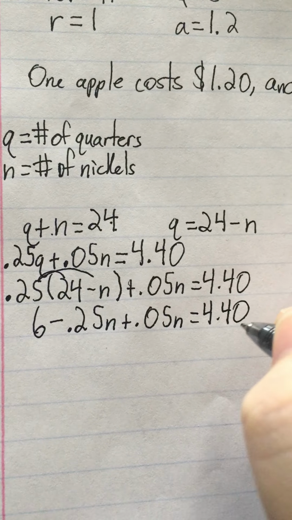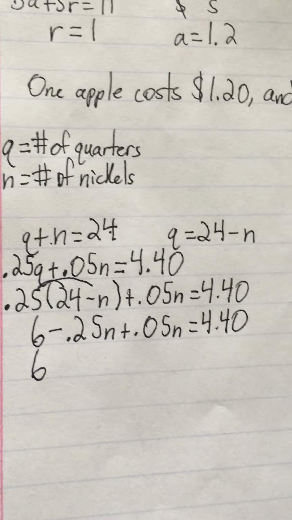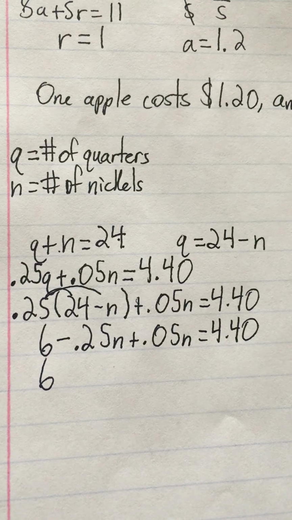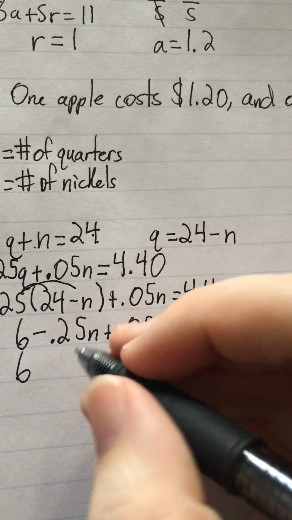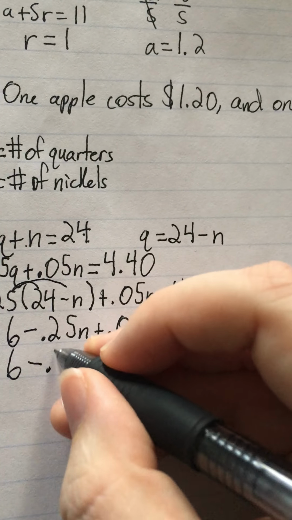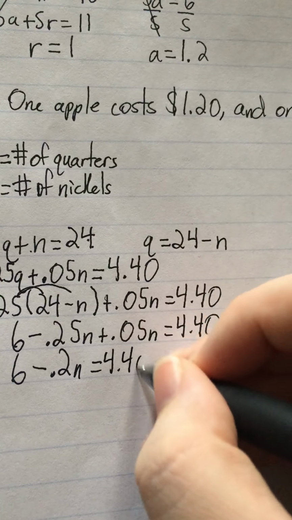And then you're going to combine your like terms, and you get 6 minus 0.2n is equal to 4.4.